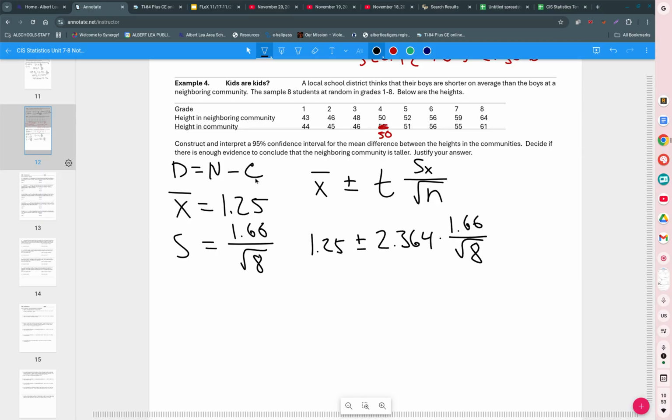And that's what we would like to calculate. 1.25, oops, sorry, 2.364 times 1.66 divided by the square root of 8. People get 1.57? We're okay with that?